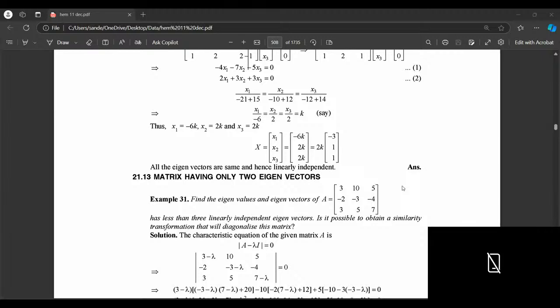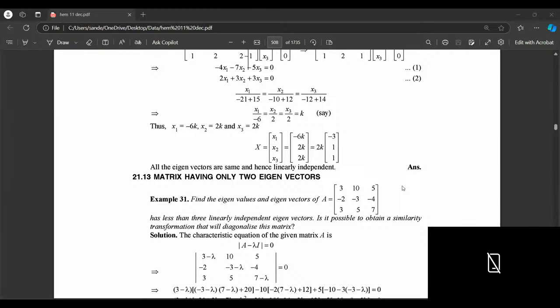Then in case of symmetric matrix with repeated roots, for the first eigenvector you take the different eigenvalue lambda, and find the first eigenvector.